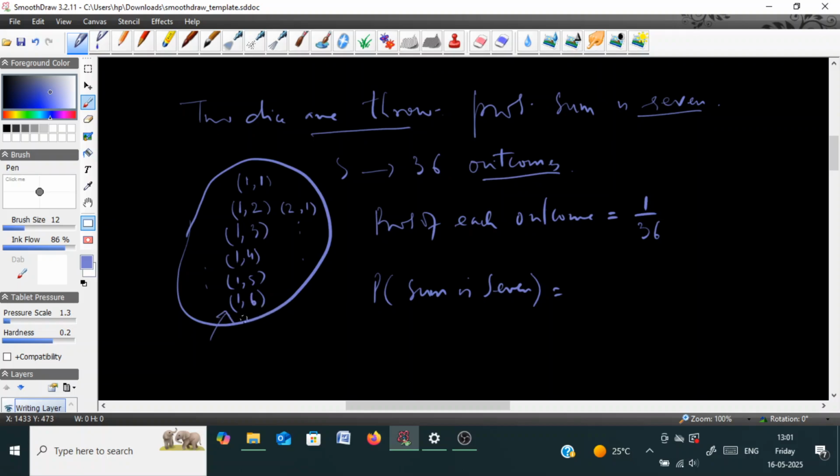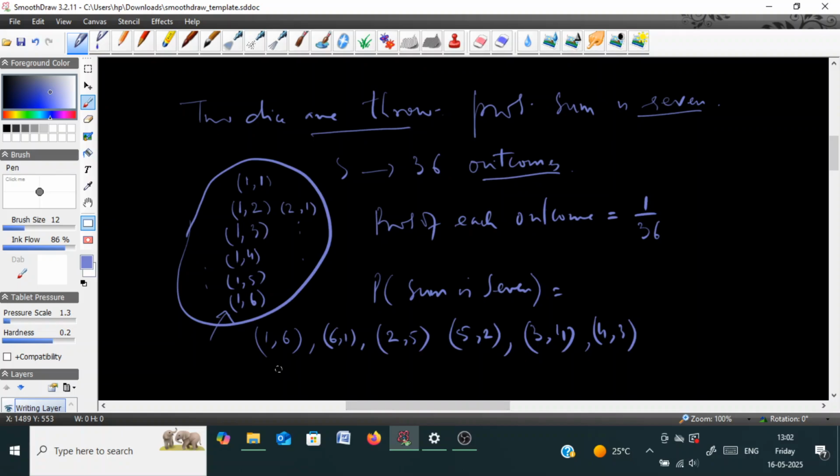So it can be 1 6 or 6 1, one combination. It can be 2 5 or 5 2, or it can be 3 4 and 4 3.